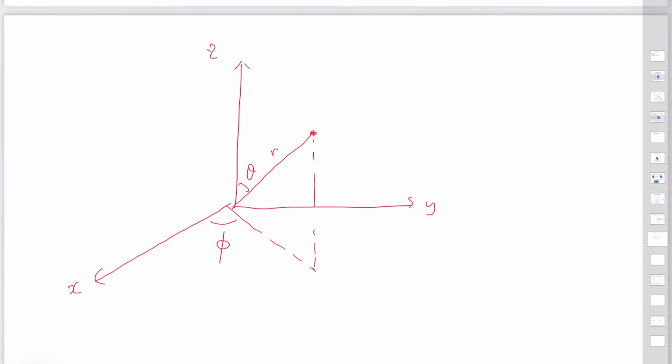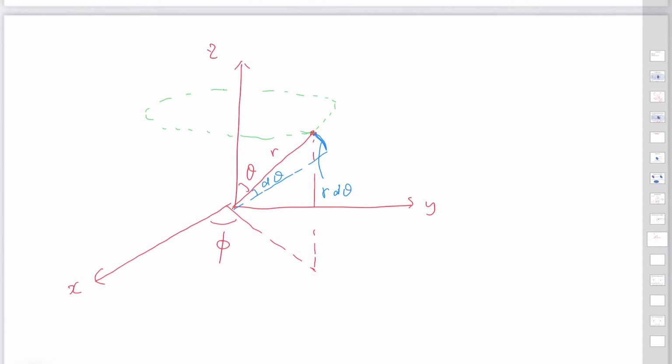Then we'd like to express the surface area of a sphere. Take a really small angle of theta, this small angle d theta. Then you can calculate this length, which is expressed as r d theta. Also, you could consider the circle.